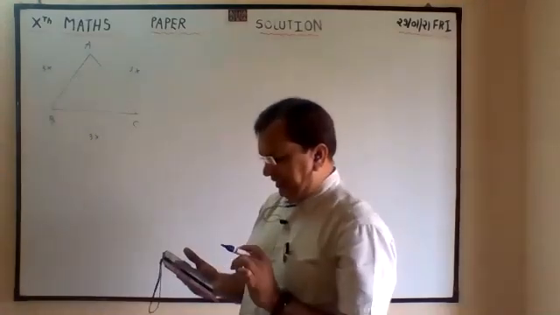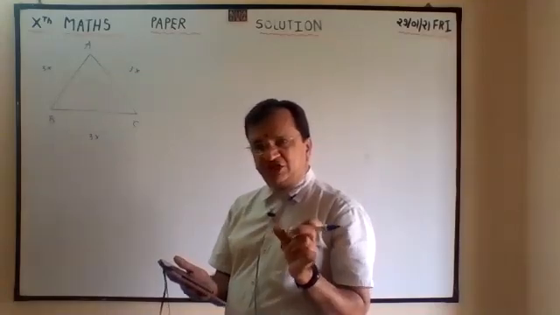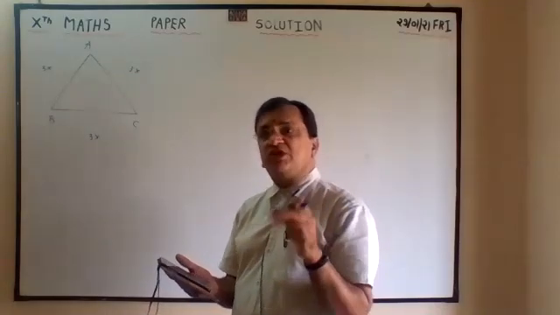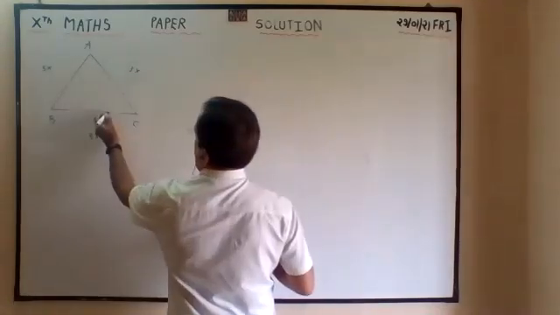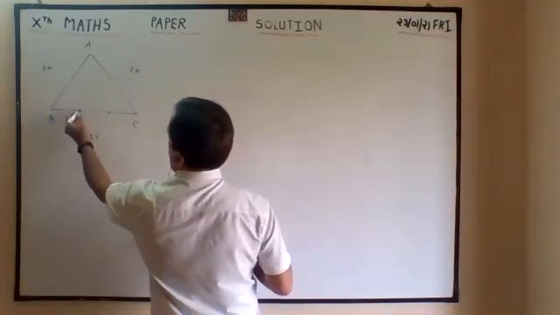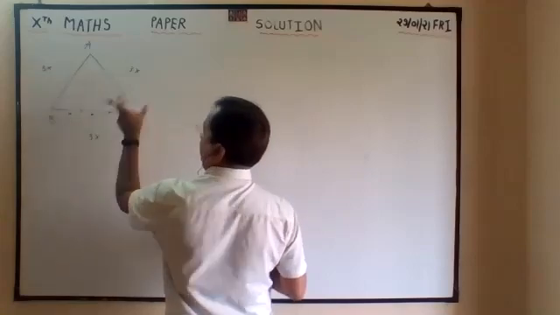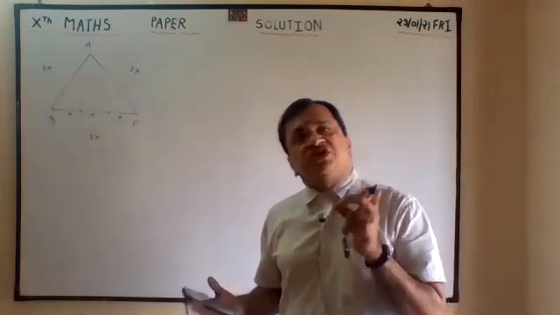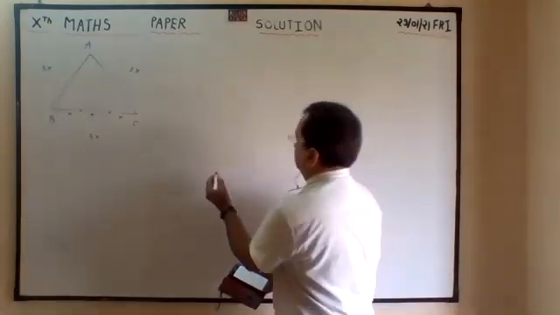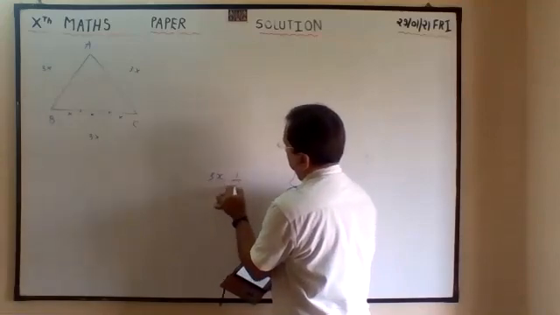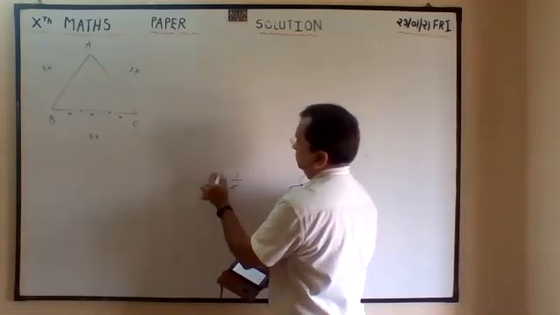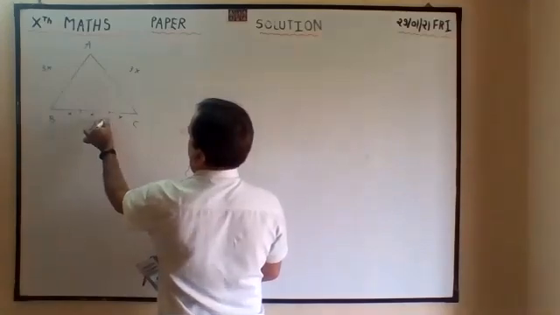Follow? Now take P such that PC is 1/3 of BC. This is 1/3, so this is x, x, x. So this is your P.